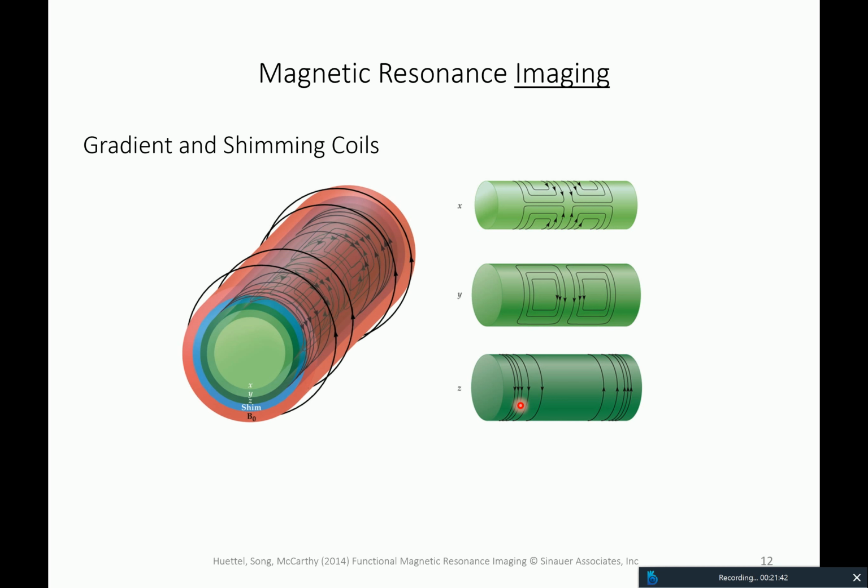In addition, there are shimming coils that try to undo inhomogeneities induced in the magnetic field, for example due to the sample that is placed, so the human that is placed into the magnetic field.